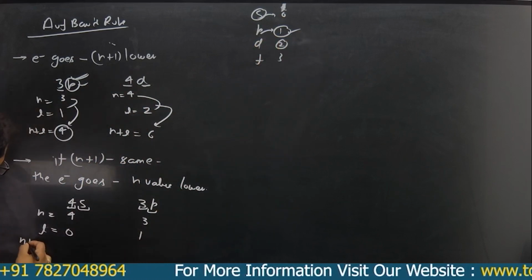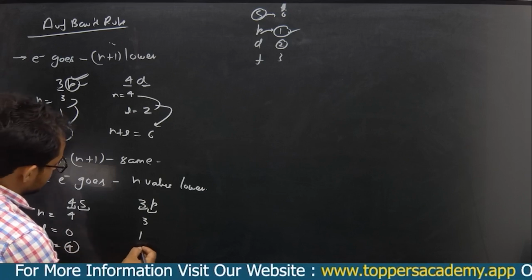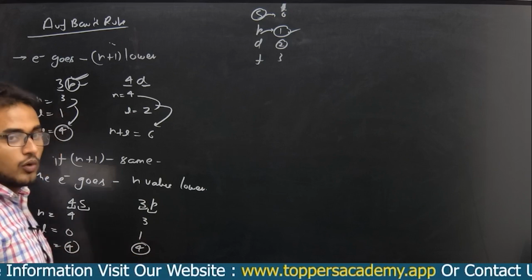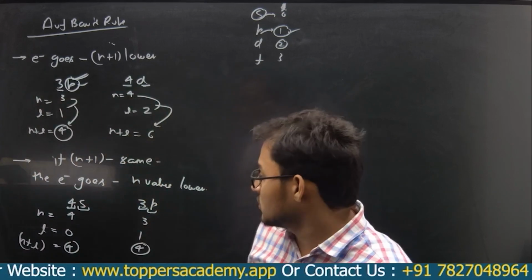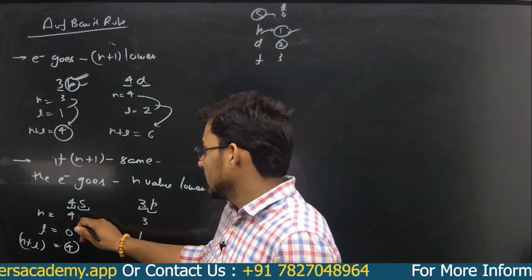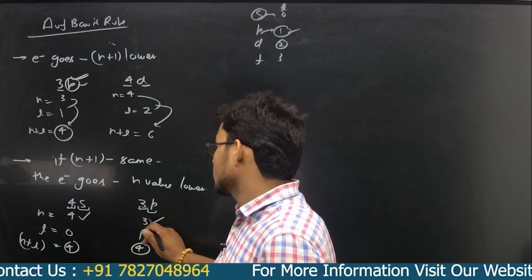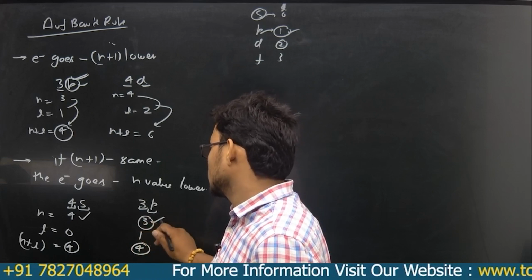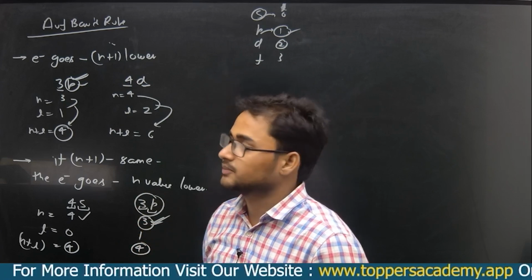So n plus L is equal to 4 for both, both have the same value of n plus L. In this case, in which orbital will the electron enter? 4s has n as 4 and 3p has n as 3, which is lower. So the electron will enter 3p. Okay.